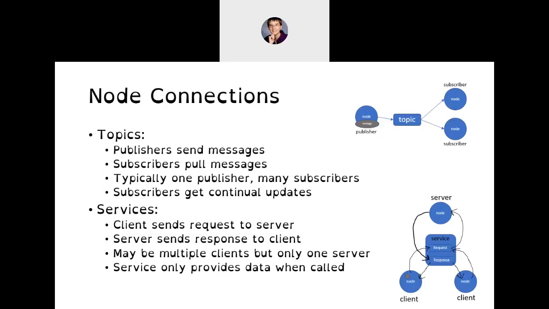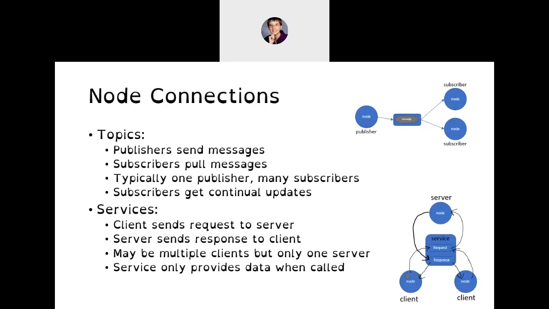There are different ways that we can do this communication. Probably the most basic is the idea of publishers and subscribers, which communicate through topics. Typically the format is you have one publisher and multiple subscribers. Something like a camera node can publish an image, and maybe you have different image processing nodes which all subscribe to that same topic. If we look in the top right, the publisher is going to take the data, which is in the form of a message.